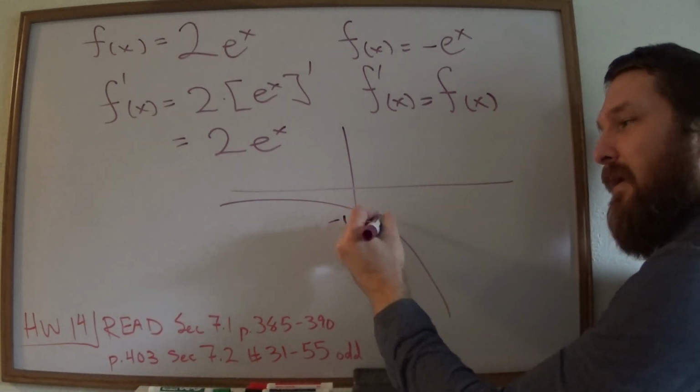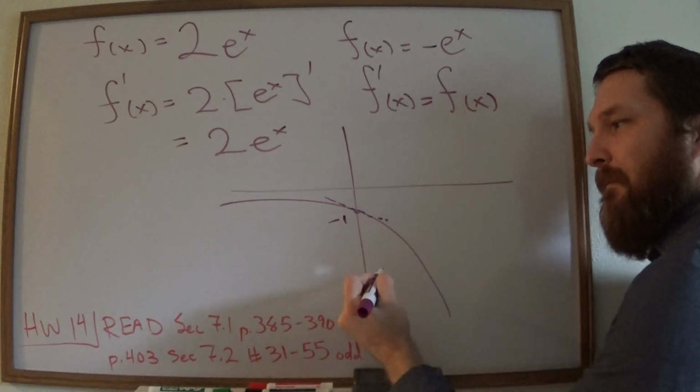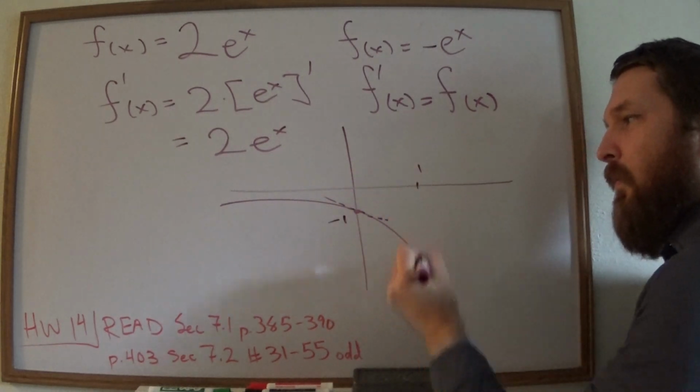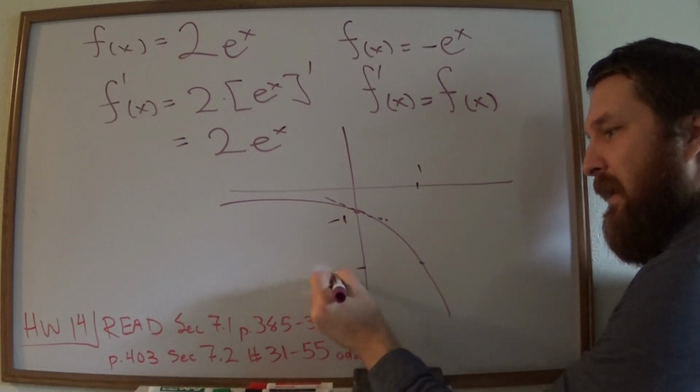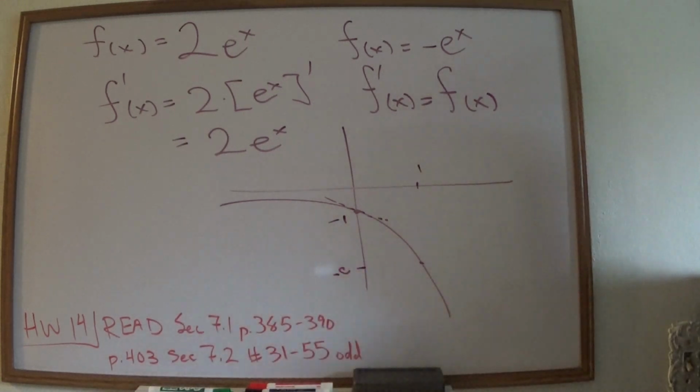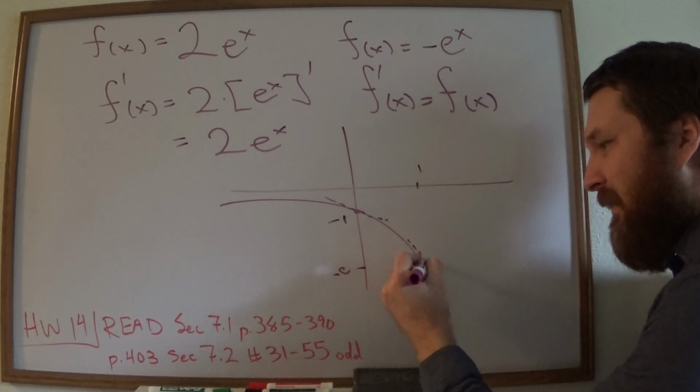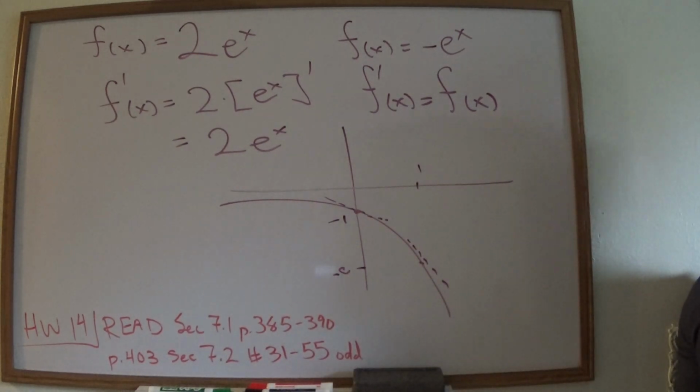So at negative 1, its slope is negative 1. At 1, negative e to the 1, its slope would be negative e, and so on and so forth. But anyway, that's just something to know.